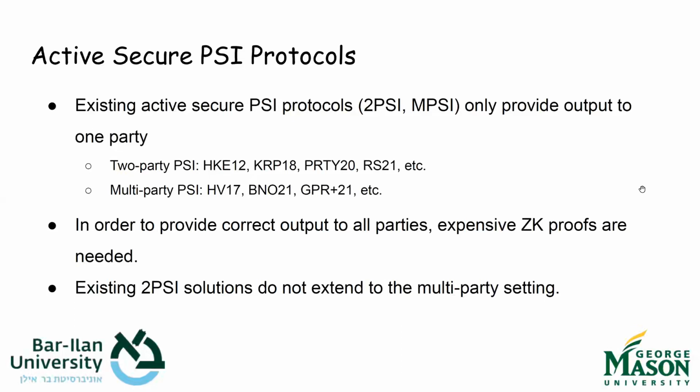Of course, the party receiving the output can relay it to other parties. However, doing so implies the use of expensive generic proofs, and the protocol will be impractical. And one more point, most of the current two-party PSI protocols and multi-party PSI protocols are developed using different techniques, and the two-party PSI solutions do not extend to the multi-party setting.